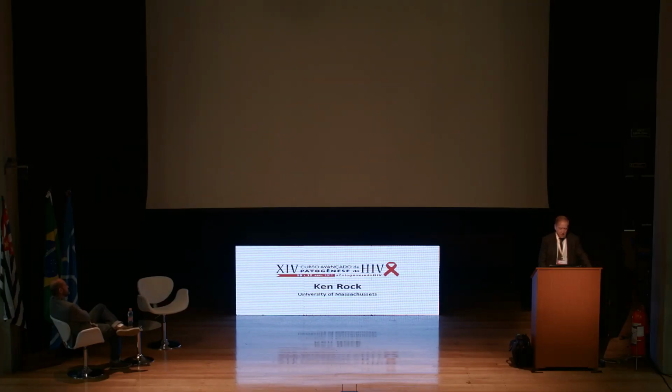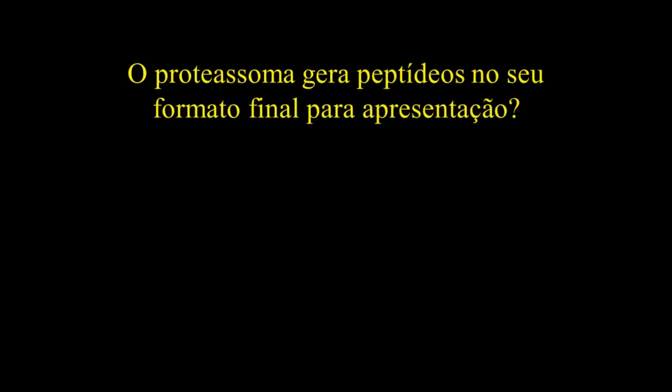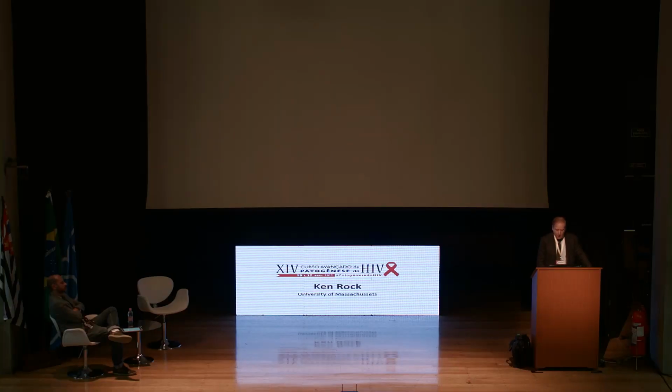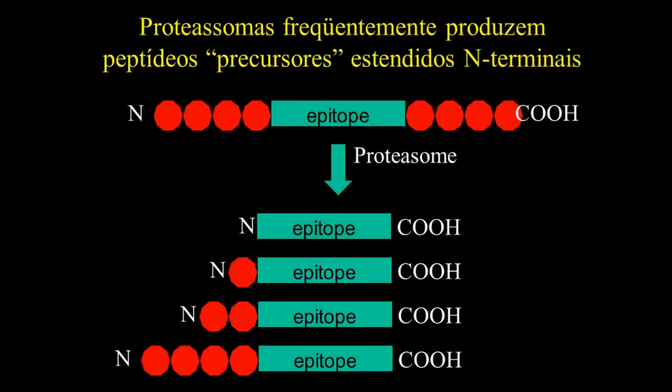Okay. And so that then leads to the question: I've told you that the proteasome is responsible for generating the peptides, at least making some of the cleavages. Does it make these exact 8, 9, 10 residue peptides, or is there additional processing machinery involved in generating these peptides? So it turns out when this has been looked at that proteasomes frequently produce peptide precursors, ones that are extended on the N-terminus.